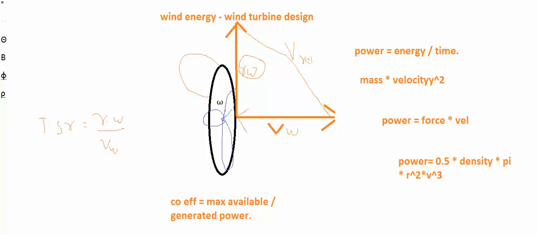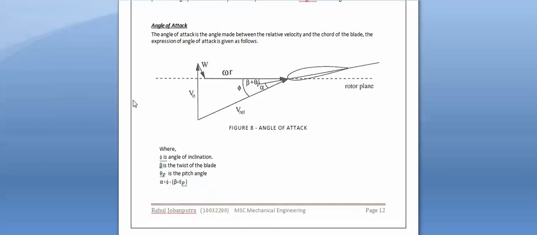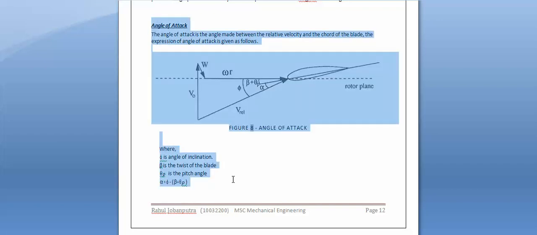Now let us see this. Let's copy this and paste it over there.